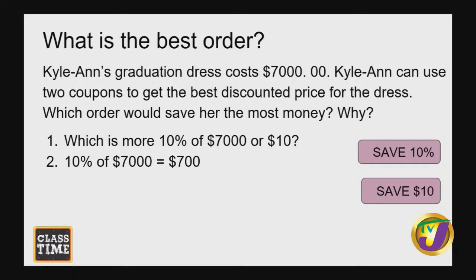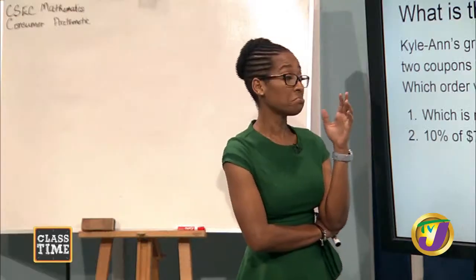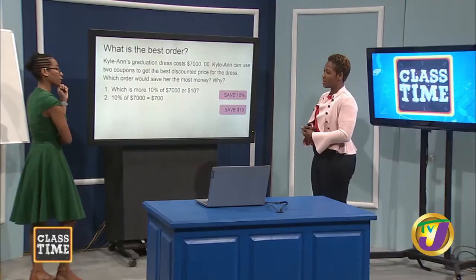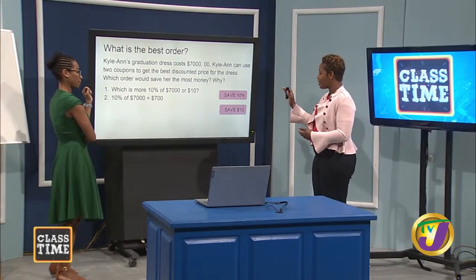So basically, you want to find 10% of the larger amount. If you find 10% of more money, it's still going to be a bigger cut, a bigger discount. Look at it from that angle. So I would suggest Kylan use her save 10% first, because in this instance, 10% is more than $10.